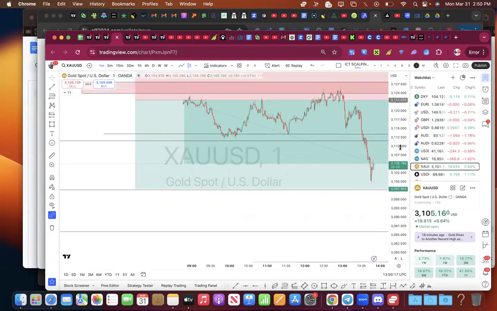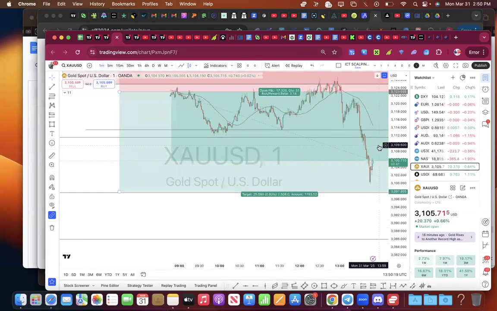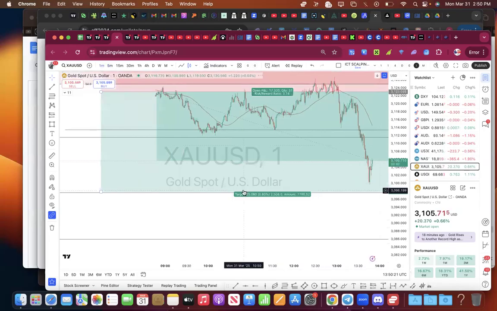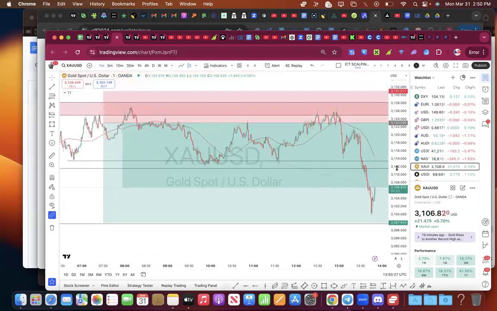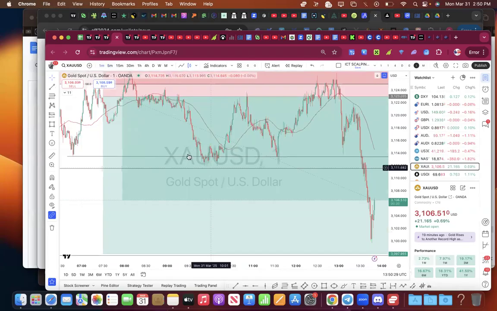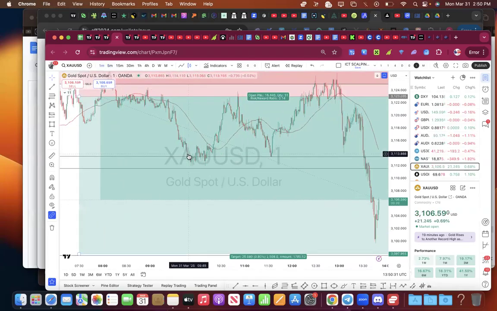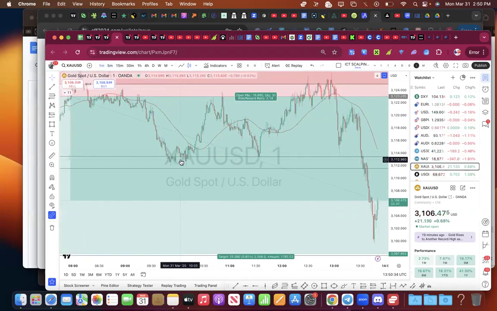Remember I said the lowest I marked is where the market is supposed to get to and will continue crashing. As the market was getting there and reacting, we took profit, right? The market came down here and still rallied up.